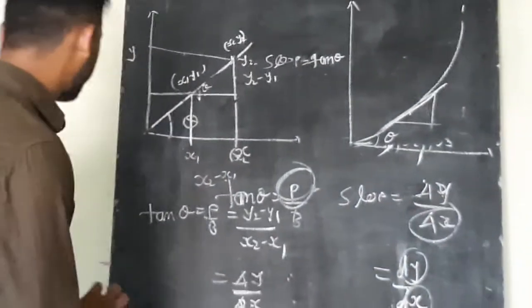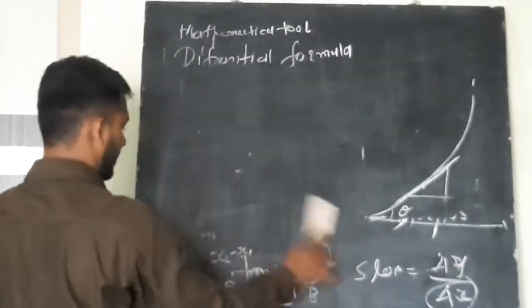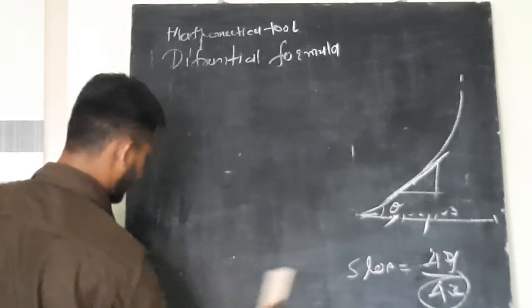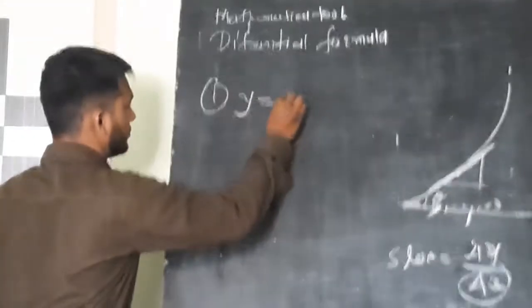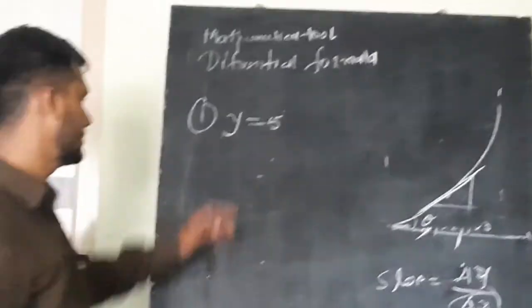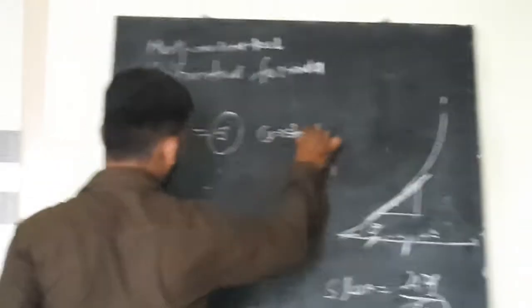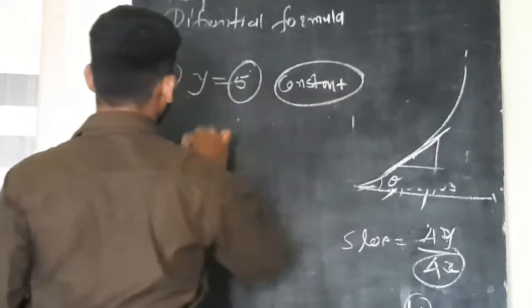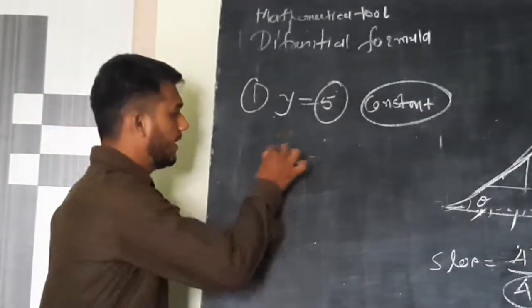So see here, we have y equals c. Equation number 1: suppose y equals 5. So 5 is a constant value. We need to determine dy by dx.